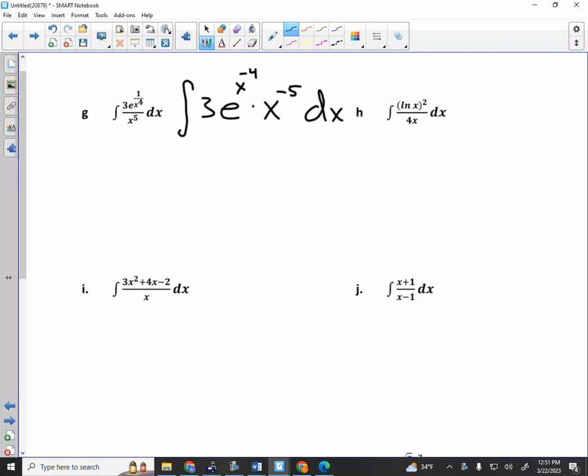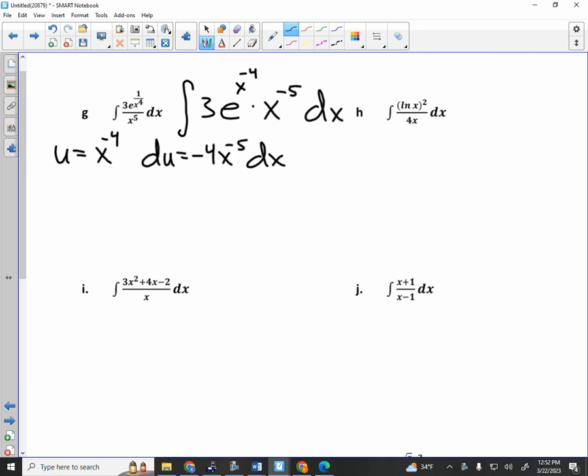Yes, this is an e to the u problem. What is u in this situation? x to the negative 4th. What is du? Negative 5, we subtract 1 on the derivative. See why I rewrote it for you so you could see it in that format? So I have a dx attached to that.